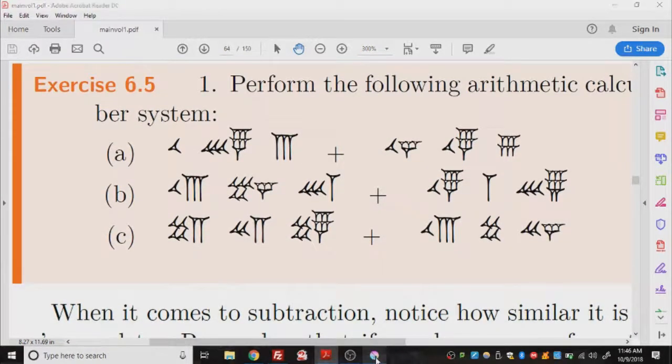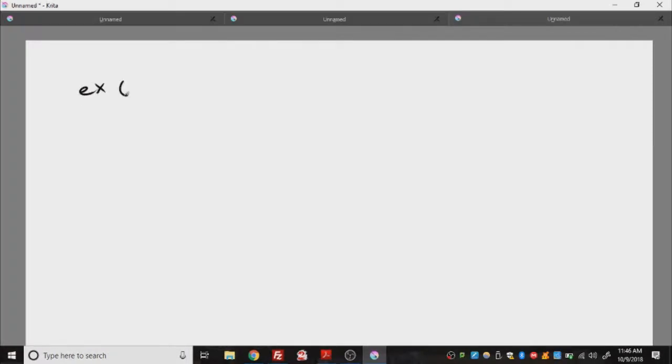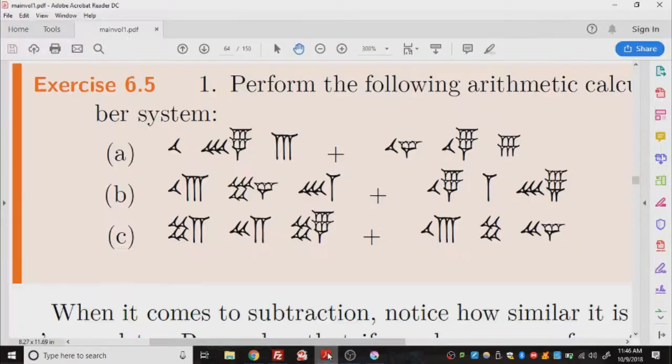There we go. 6.5. First one. Now, the method is the same. What is the first thing you do? That is the last thing you should ever do. The goal here is to stay within Babylonian.